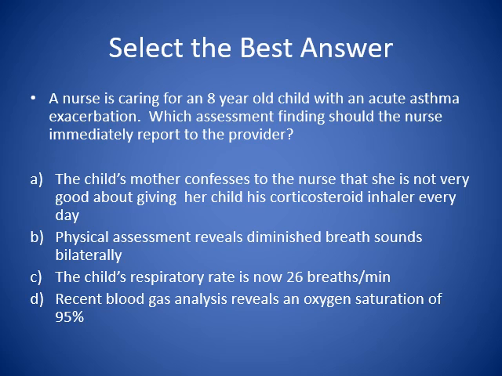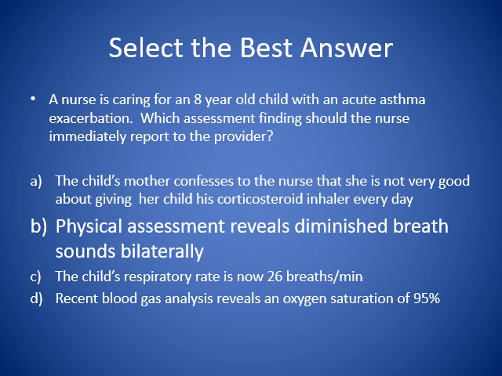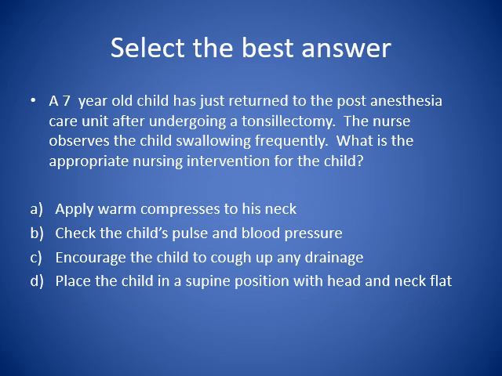Or D. Recent blood gas analysis reveals an oxygen saturation of 95%. The answer is B. Physical assessment reveals diminished breath sounds bilaterally. That means the child is closed off, so the provider needs to get in there. We need to get bronchodilators started right away. Remember, airway is always important.